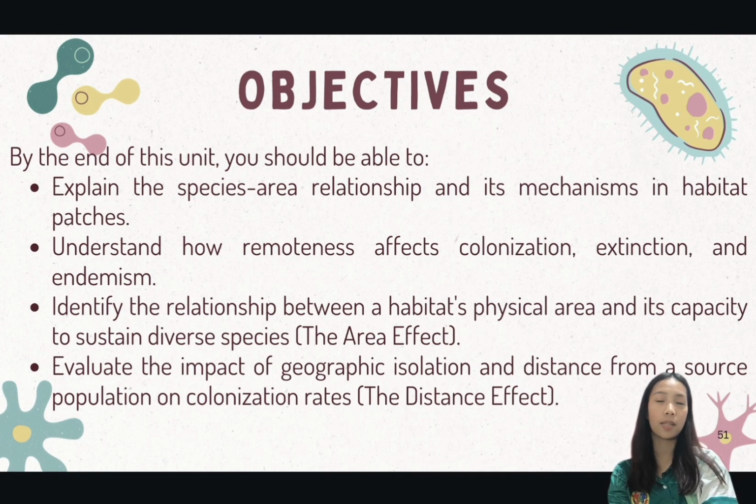The objectives are, by the end of this unit, you should be able to explain the species-area relationship and its mechanism in habitat patches, and also to understand how remoteness affects colonization, extinction, and endemism, and also to identify the relationship between the habitat physical area and its capacity to sustain diverse species in the area effect.